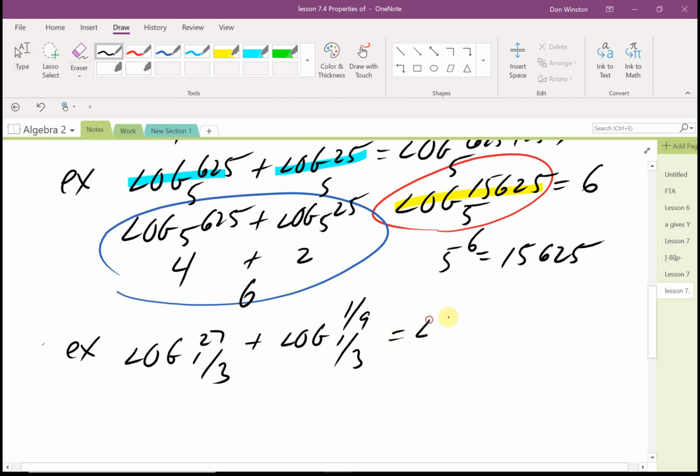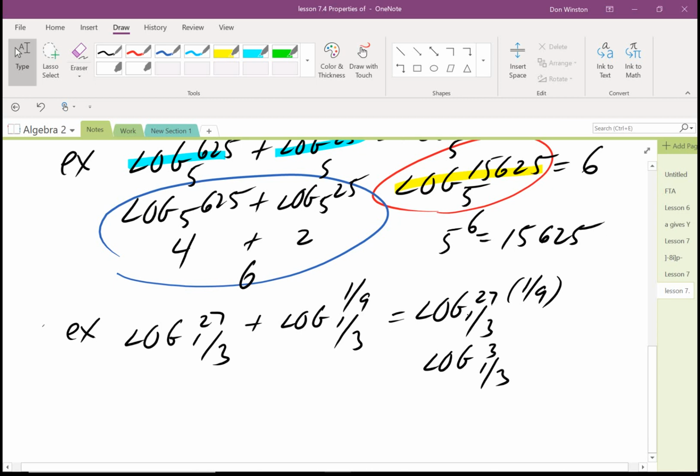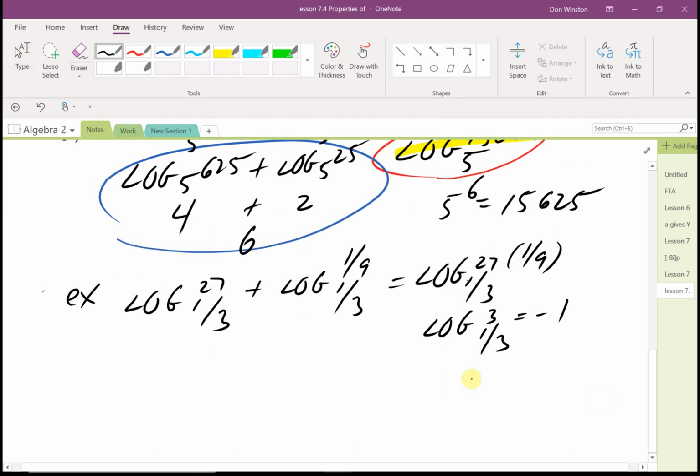Okay, so this would equal log base 1/3 of 27 times 1/9, and that would equal log base 1/3, and 27 divided by 9, that would be 3. Okay, so log base 1/3 of 3, well, that would equal -1, because 1/3 raised to -1 is equal to 3.